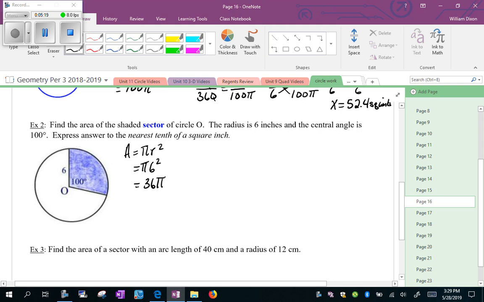Okay, I know that my central angle is 100 degrees. So that's going to be, again, part to whole equals part to whole. And that's going to be 100 over 360, and that's going to equal x, the part or that sector I'm looking for, over 36 pi.